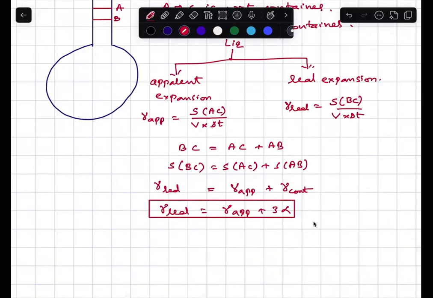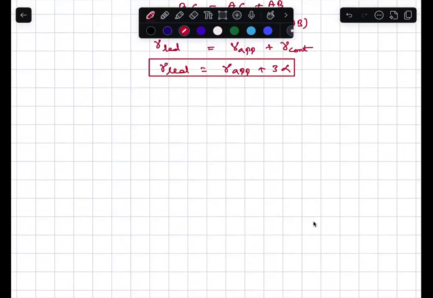So they don't believe straight away that a liquid will have real expansion. You measure sometimes with respect to real, you measure sometimes with respect to apparent, depending upon the situation. Whether it is a solid or a liquid, one more important point that you should take care. What is that?